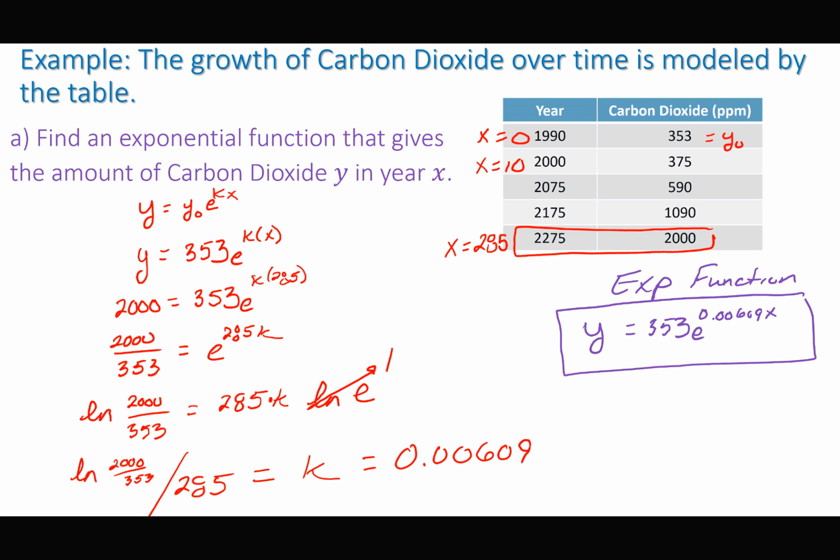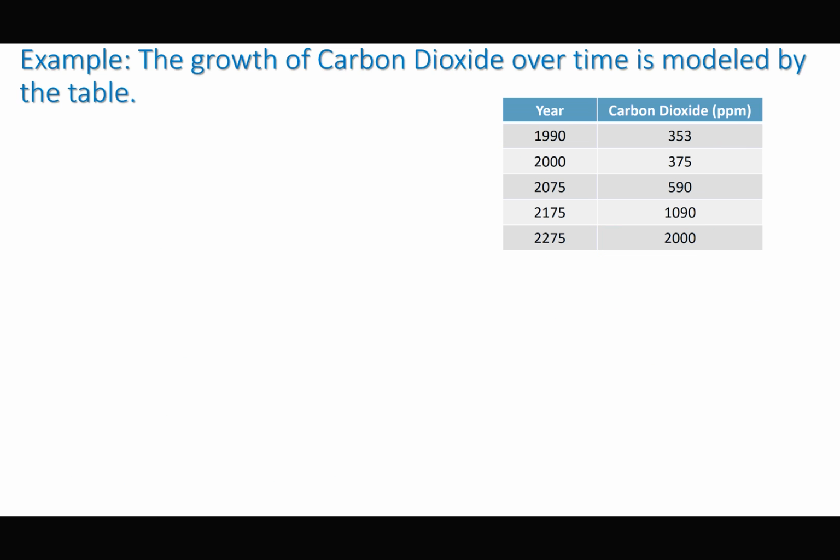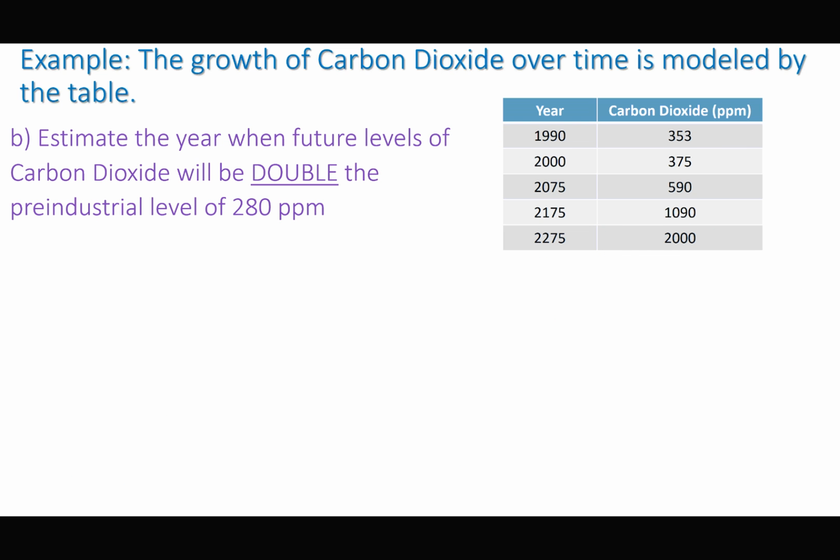Let's do a part B to this problem. Now from this, estimate the year when future levels of carbon dioxide will be double the pre-industrial level of 280 parts per million.